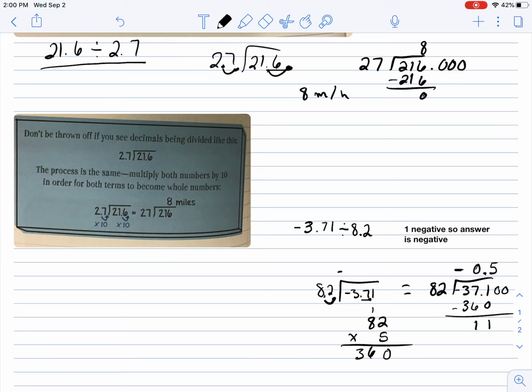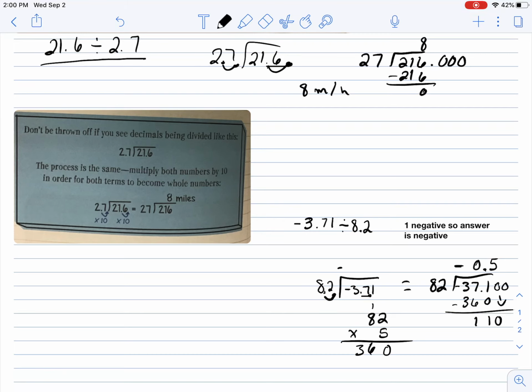Once again we can add an infinite number of zeros. So bring down the 0. 82 can go into 110 once. 110 minus 82 is going to be 28.